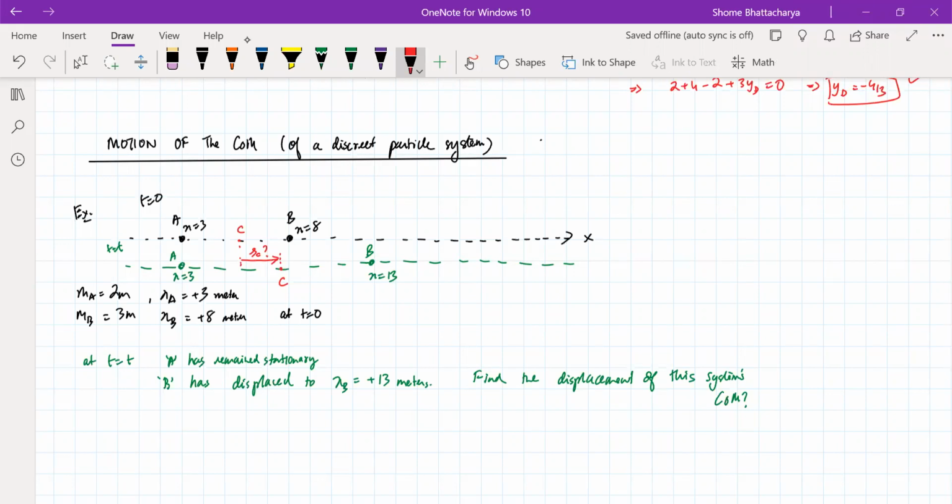So see, at t equal to 0, the center of mass is at xc equal to this kind of formula now.